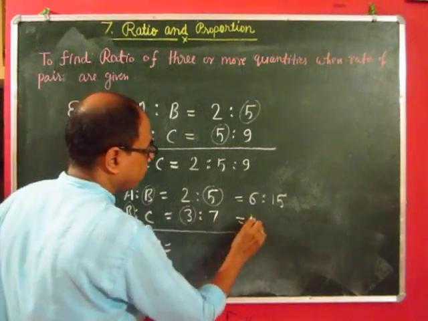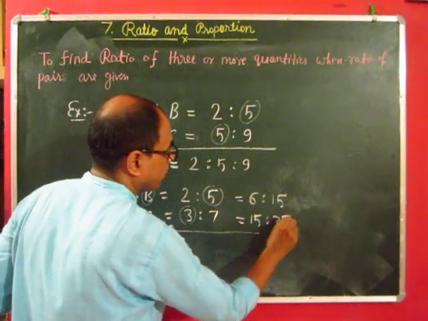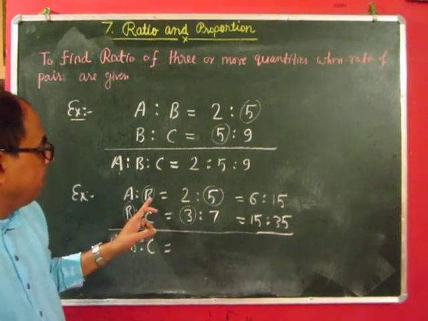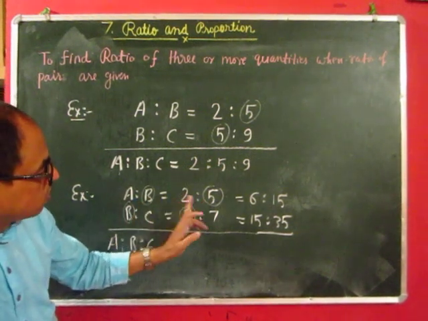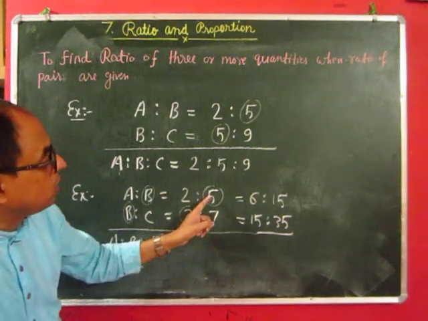So 5 3s are 15 and 5 7s are 35. Again I am repeating: here B is the common term, but the values of B are not equal in both the ratios, so you have to make these two equal.